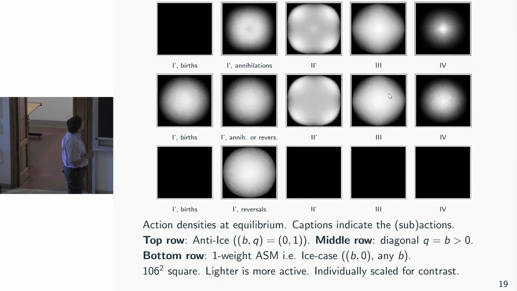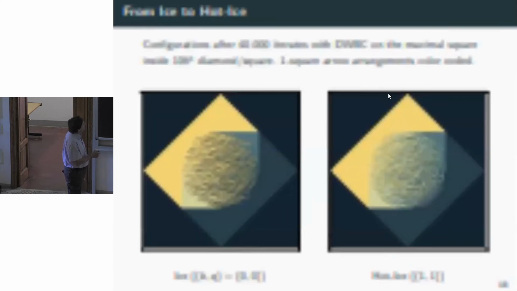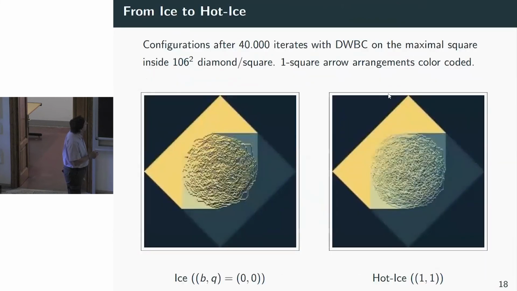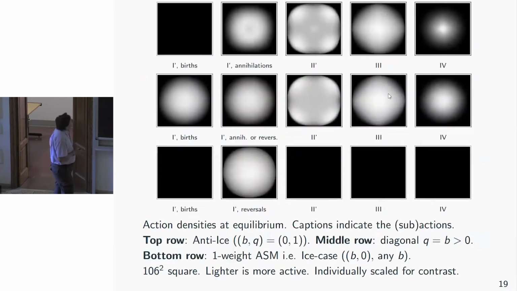Now, if we go to this middle row, that's a diagonal. So we're on the main diagonal here. And you see that all the actions are there, and this is where they are happening.